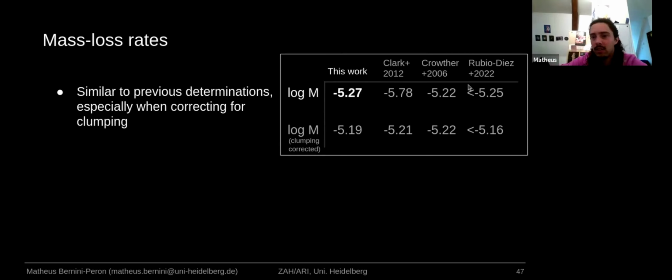You see that it is a similar order of magnitude, but it's still different. However, here should be M dot, not N, sorry.